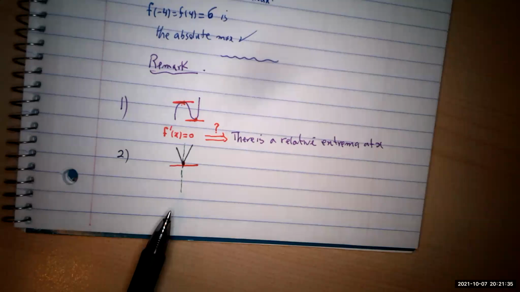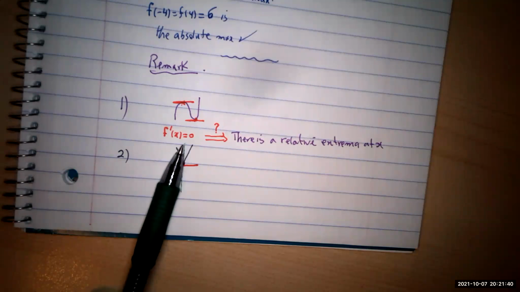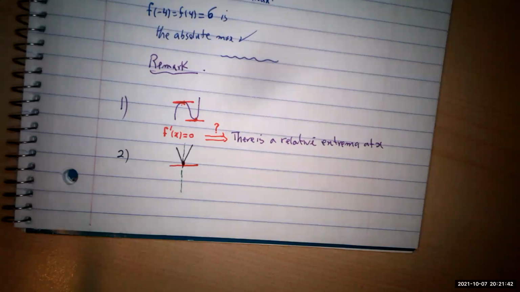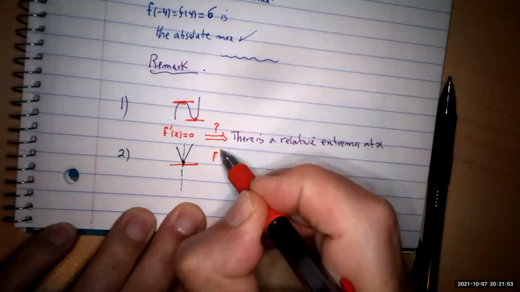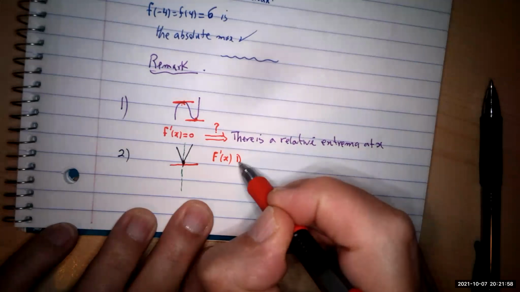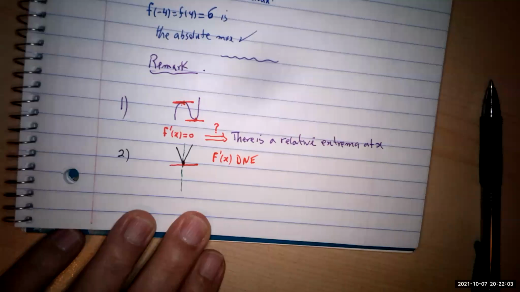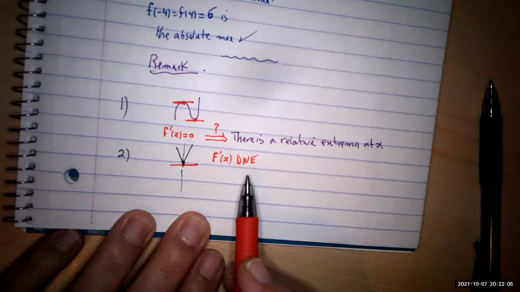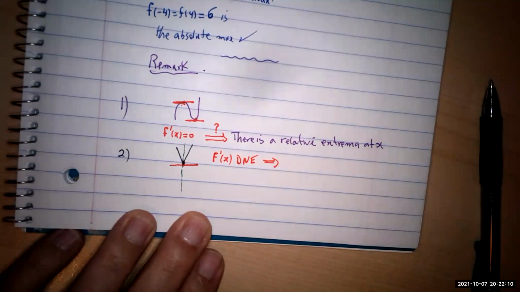So the difficulty here is you cannot rely on f prime of x equal to 0, because there is no f prime, but there is a minimum. So you have to add this one to your collection: if f prime of x does not exist, like this one, it's vertical, it's undefined, then there is a possibility that you may get the minimum or the maximum.